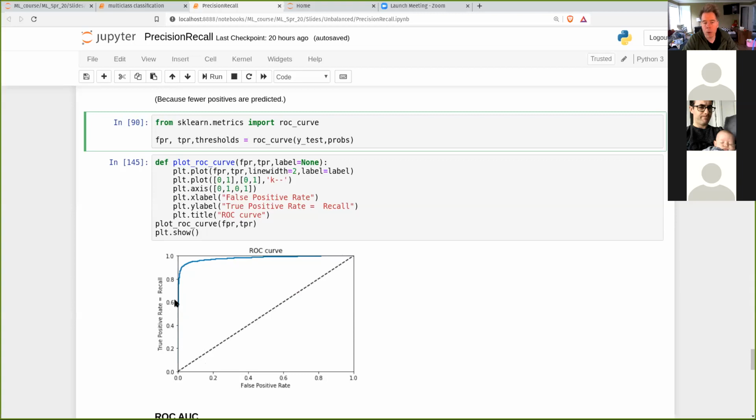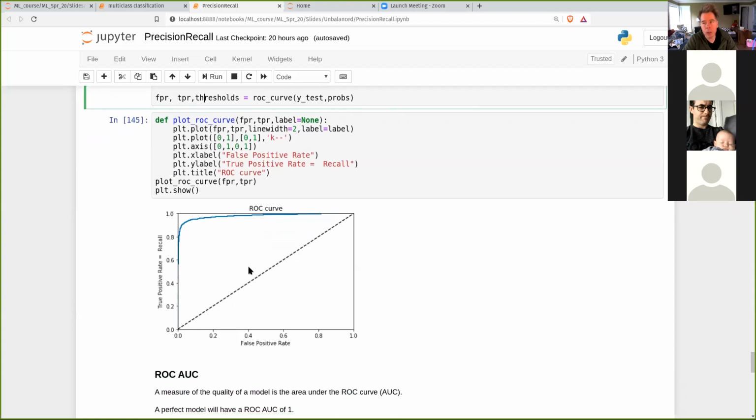If it were a perfect model, then this blue curve would be pretty much the same as the axes. It would go straight up until it got to 1, and then straight over. So for a perfect model, the area under the ROC curve would be 1, because it would be the same as the area inside this 1 by 1 square.